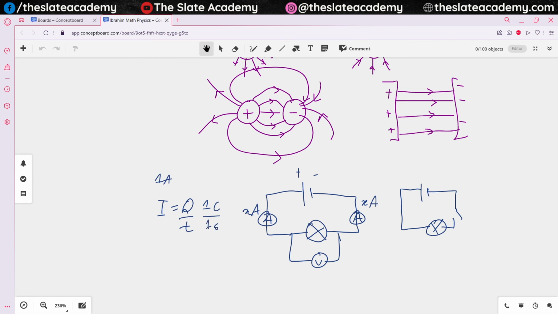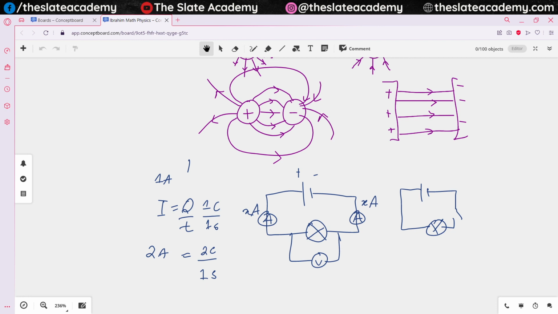If the current flowing through the circuit is 2 amperes, it means it is 2 coulombs per second. No, not 1 electron. 1 electron, I told you, has a charge of 1.6 times 10 to the power minus 19 coulombs.